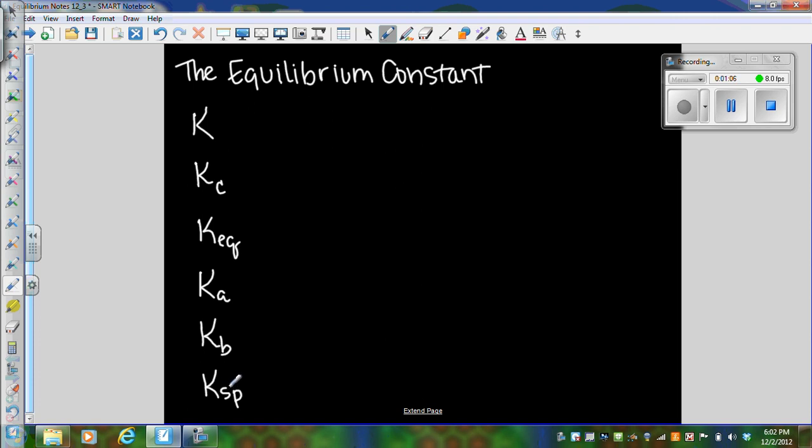This is a solubility product constant. So all of these are modifiers of the K, which is the equilibrium constant. For what we're going to be talking about right now, Kc and Keq are what you're going to see more in this chapter. You will also see K sub P, which is the equilibrium constant for pressures.